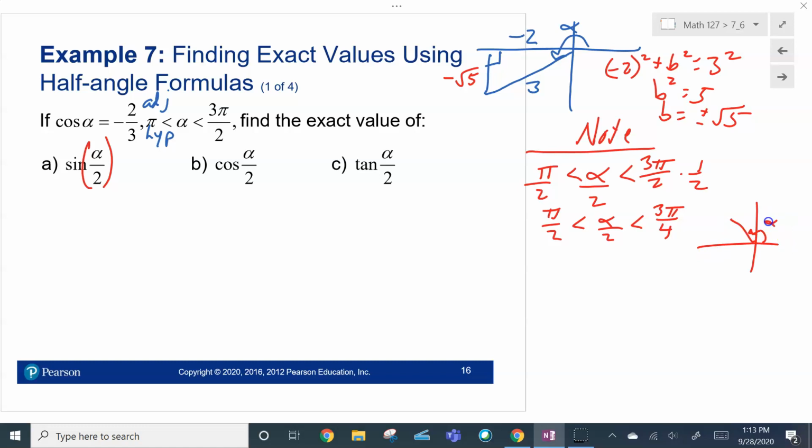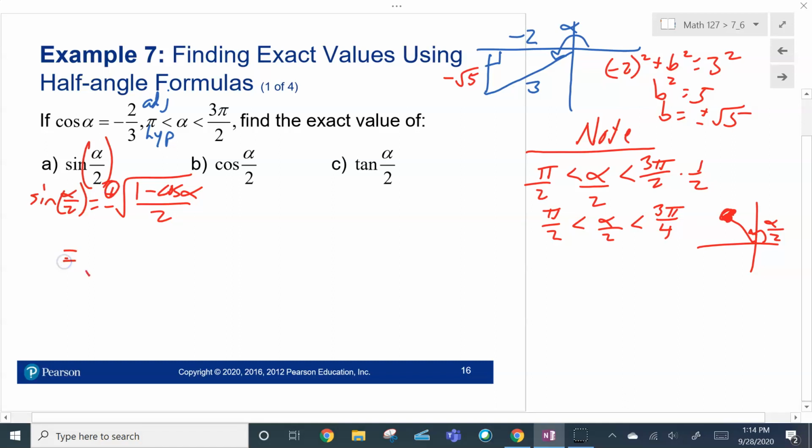So here's alpha over 2, right? So the sine of alpha over 2 gives you the option: it could be plus or minus the square root of 1 minus cosine alpha over 2. I say, well, the sine, the y value, is going to be positive, so I'm going to pick the positive one.